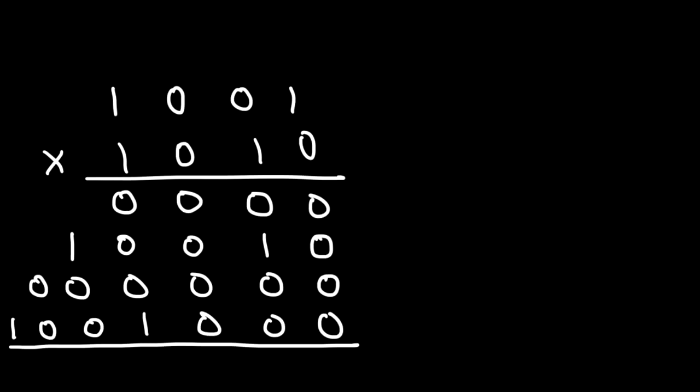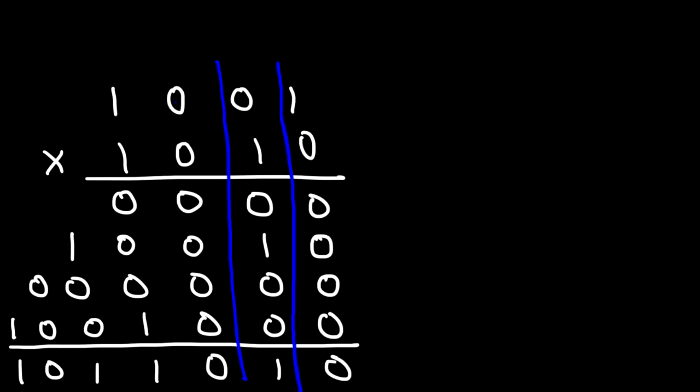Now let's add up everything. The first column only has zeros, so that's going to be 0, and then 0 plus 1 plus 2 zeros is just 1. This is going to be 0, and then 1, 1, 0, 1. And that's it. That's how you can multiply 2 binary numbers. So let's go ahead and convert these into decimal numbers.